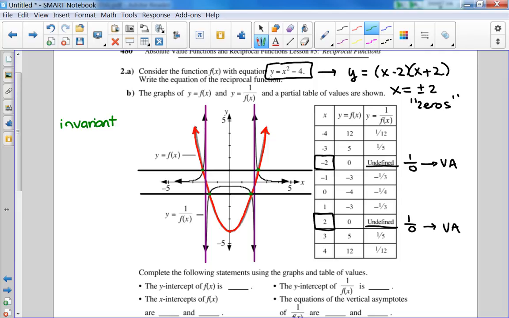Oh, this is the original red graph, and then the black is the reciprocal. So only at the green dots do you have invariant points, because it's where the black graph and the red graph meet.